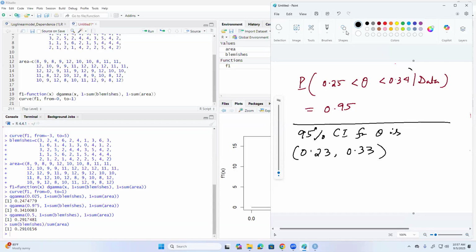When you listen to the weather channel, it tells you that there is a 20% chance of rain. What is the meaning of that in today's context? Today there is a 20% chance of rain, but at the end of the day, either you have rain or you don't. Like here, either this interval contains theta or it does not contain theta, right? So how will you associate the probability?